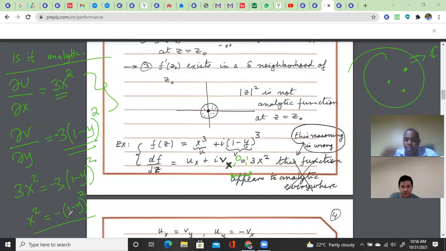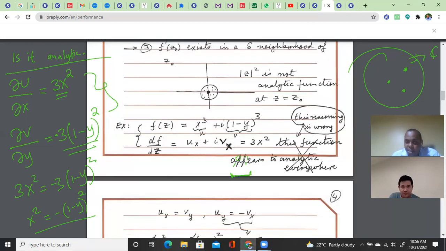You solve that last equation to get a point. In this case, there is no point, so we can say that this function is not analytic at any point. We cannot even find a single point where the function is analytic.